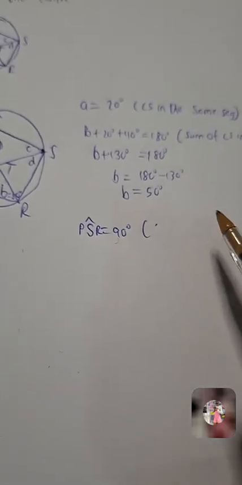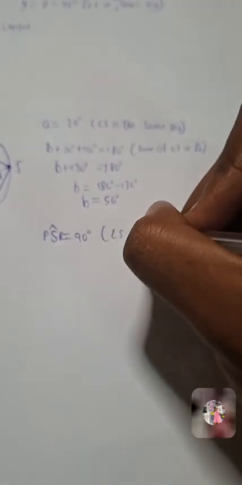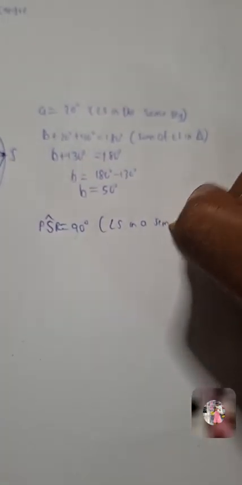Or C plus D is 90 degrees. Why do you say PSR is 90 degrees? Angles in a semicircle. Thank you. Don't be scared. You're good.